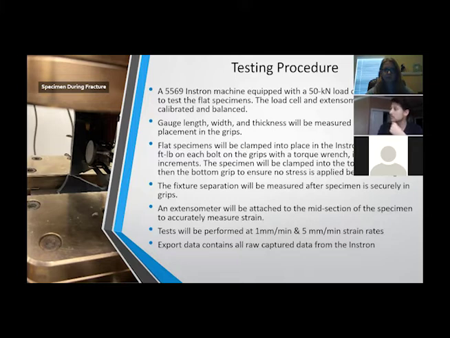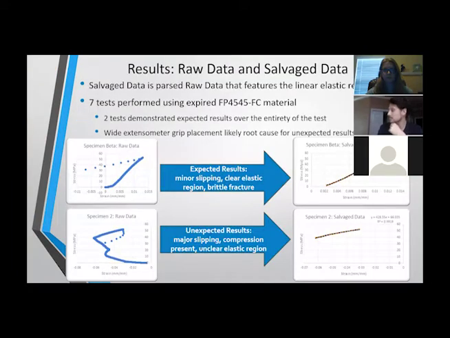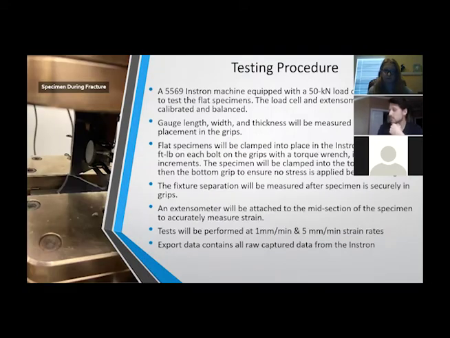It was found that if you tighten the top first, then you're less likely to apply torque stresses to the part before you test it. Then once the part is in the machine and everything has been measured, the test is performed at a fairly quick rate of 5 millimeters a minute or 1 millimeter a minute. The system automatically captures the data from the instruments for later analysis.